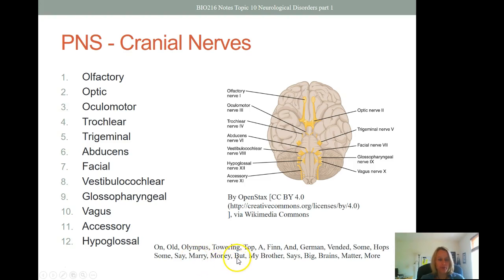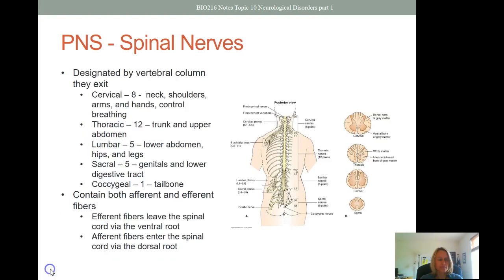Some are both. For instance, trigeminal is both. And this is a way that you can help remember them. This other one's a way to help remember the order of the cranial nerves. You will actually not have to memorize all these again, although you may want to know the optic and the oculomotor nerves, and of course the vagus nerve.